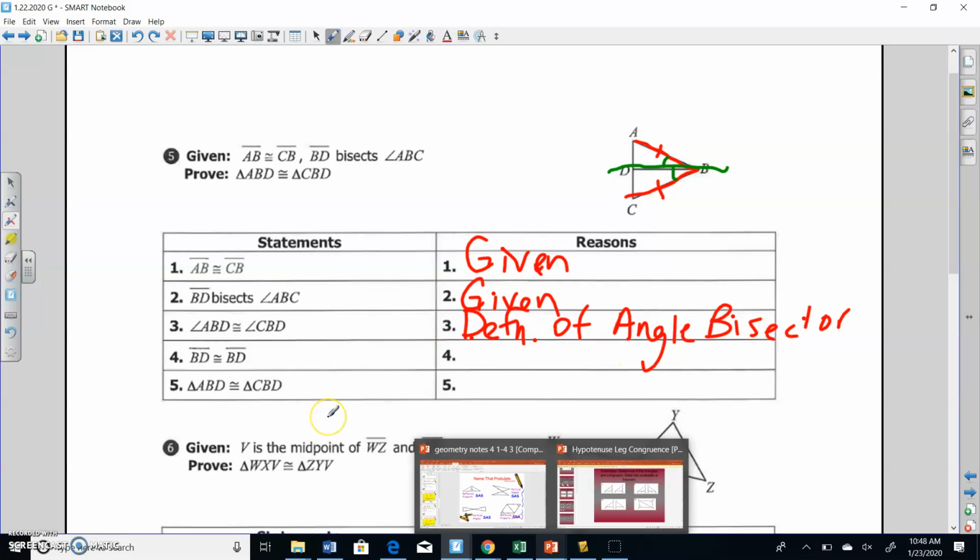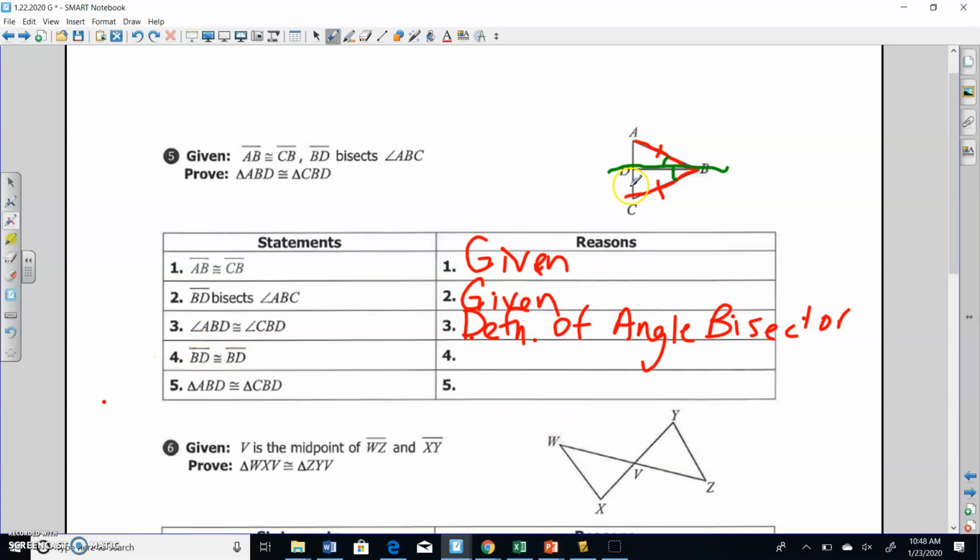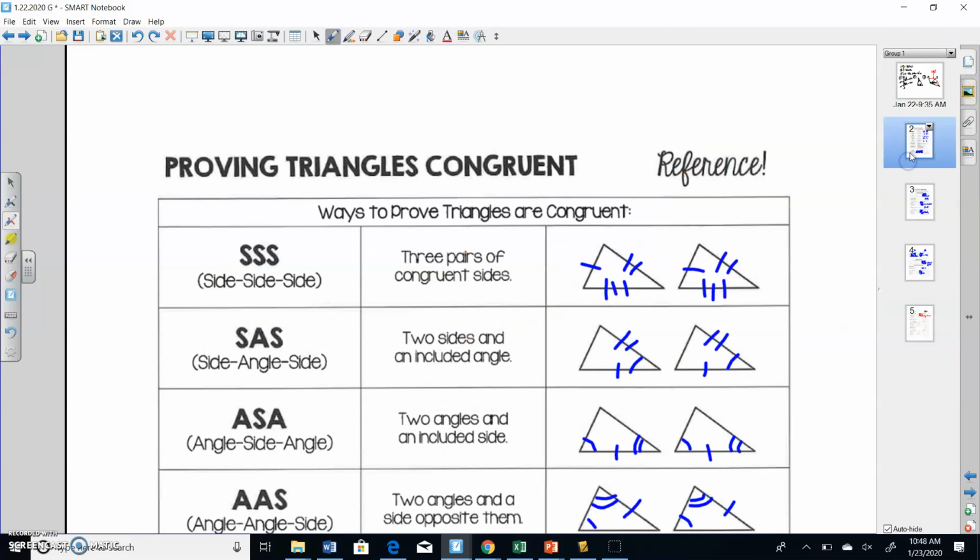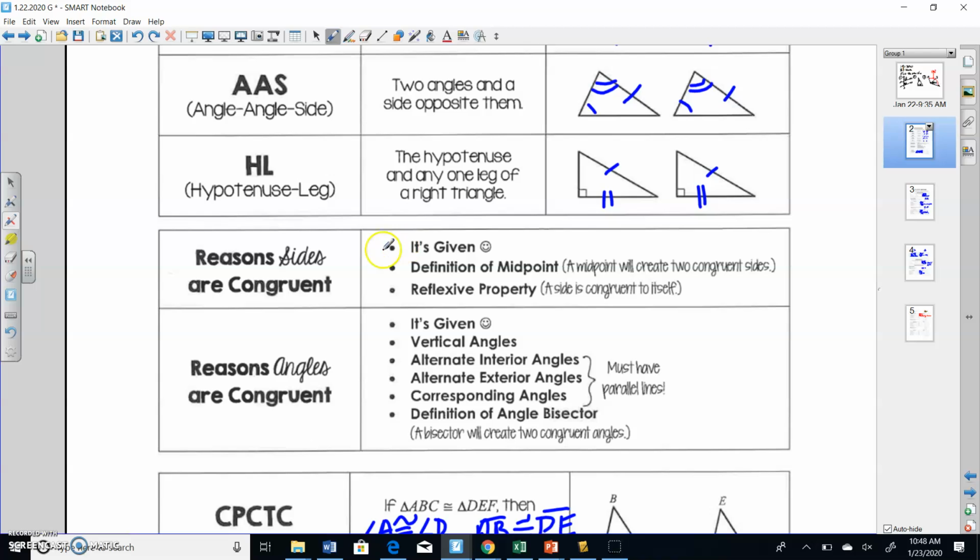Okay, so the next segment is that BD is congruent to BD. So BD is congruent to itself. How can we say that? Right, they share that side. So remember, when we are trying to show that 2 sides are congruent in a triangle, we only have 3 options.